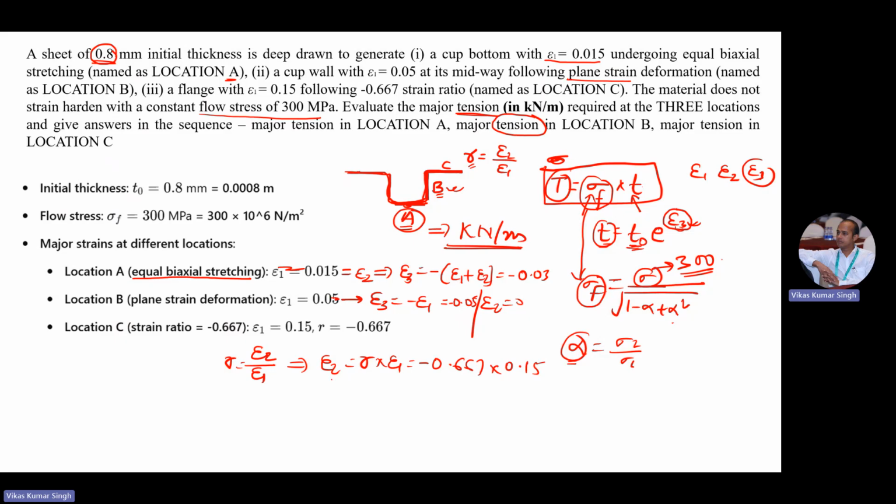And epsilon 3, from where will we get it? Epsilon 3 will be minus of epsilon 1 plus epsilon 2. So at each location A, B, C, we got epsilon 3. We will put epsilon 3 in this equation and get the thickness at each location. That is clear.